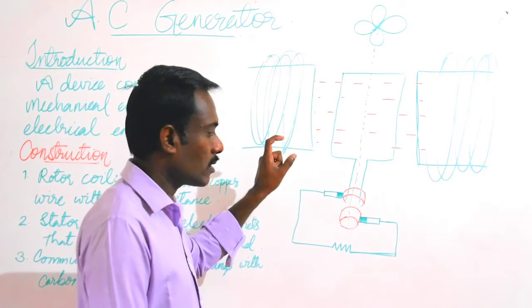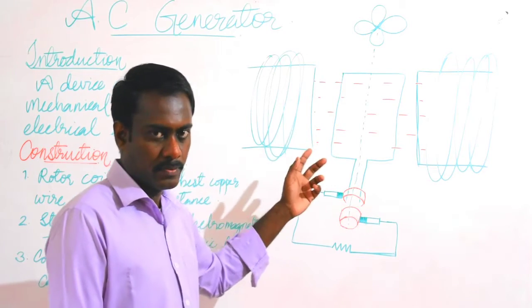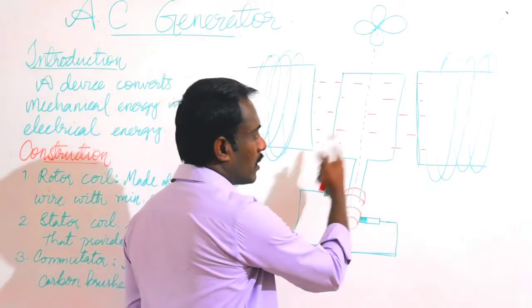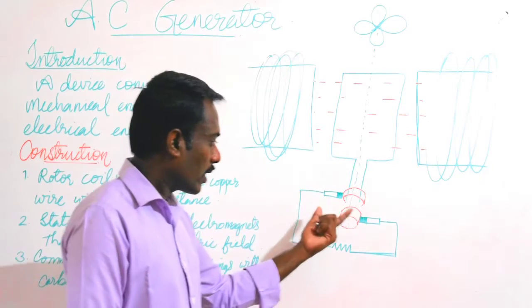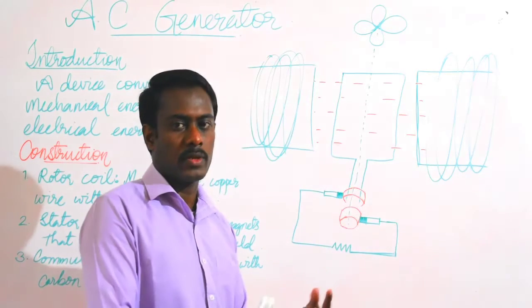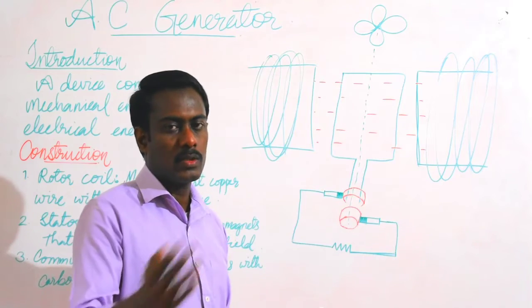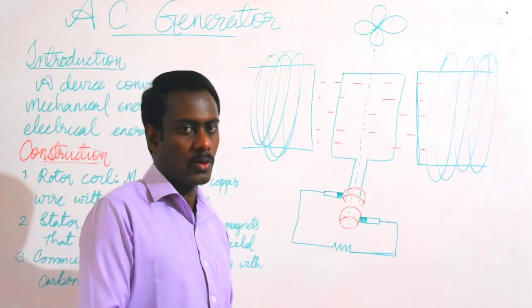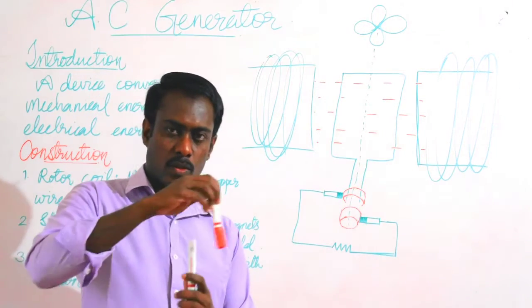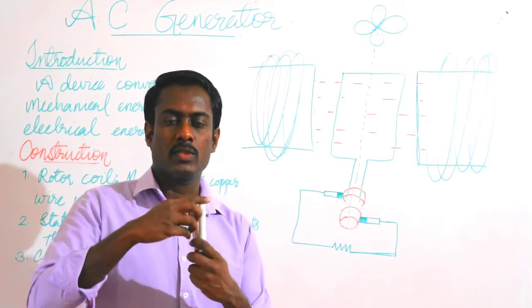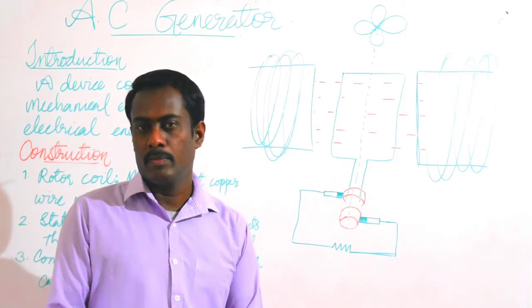The two wires connected to the poles are fixed, but the coil is rotating, and the wires connected to the coil will also rotate. We cannot keep two ends fixed while the other two ends rotate. When it rotates, these wires will be tangled and they will break.